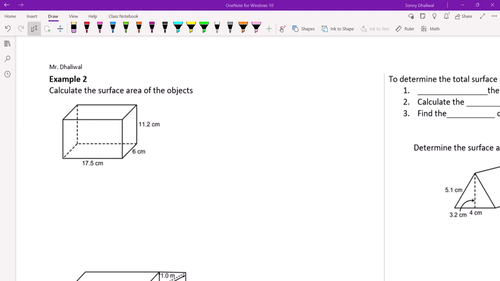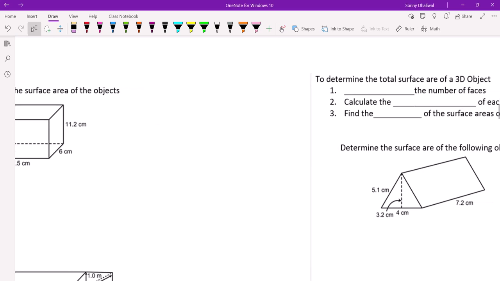So if you have a box like this, how many sides are there? 6. Quiet, please. 1 on the top, 1 on the bottom, then 4 along the outside edge. So we count the sides.